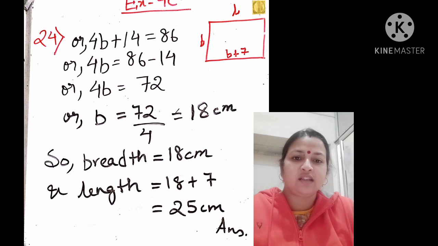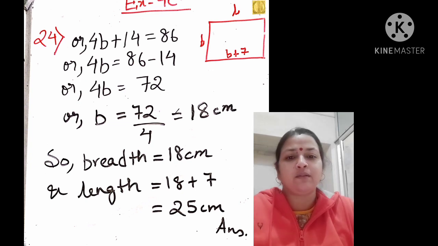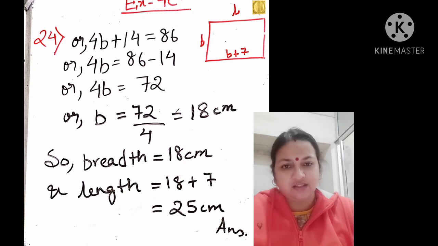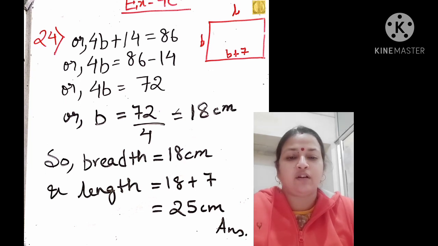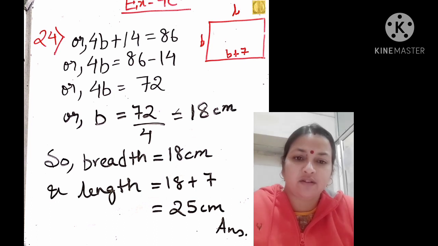That means b is equal to 72 divided by 4, that is 18 centimeter. So what will be the length? Length will be 18 plus 7, that is 25 centimeter. So the breadth and the length of this wire are 18 centimeter and 25 centimeter respectively.